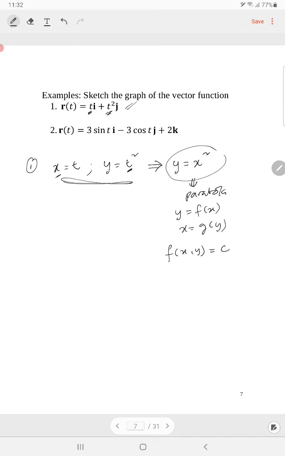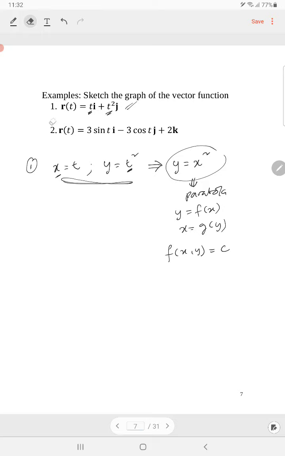So there are more than one way to represent a curve on the xy plane. But for a curve in the xyz space, you have no choice. You have to use a vector valued function or a set of parametric equations.